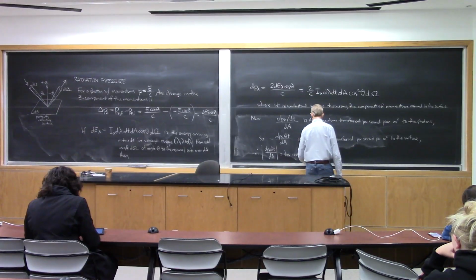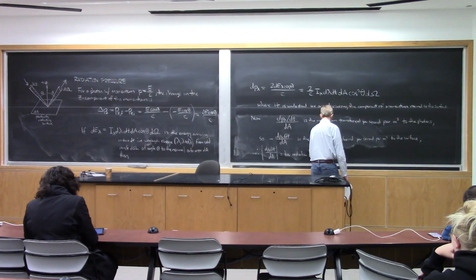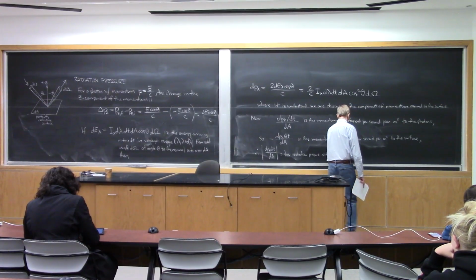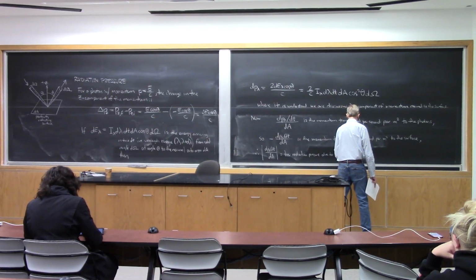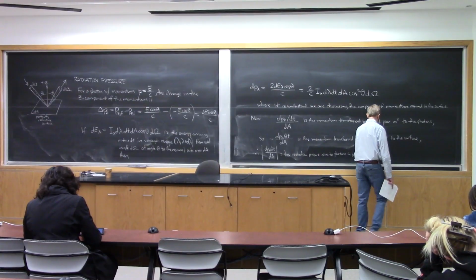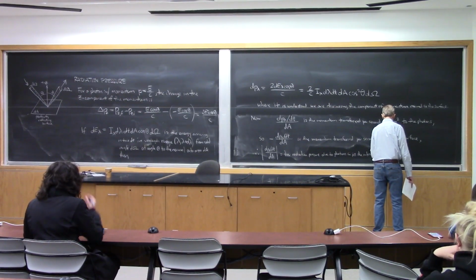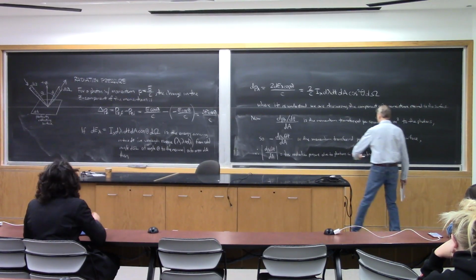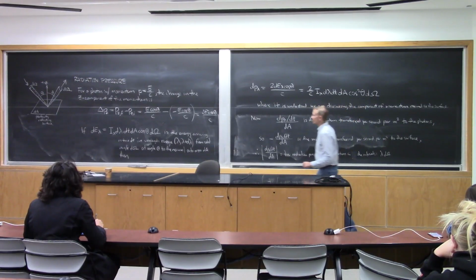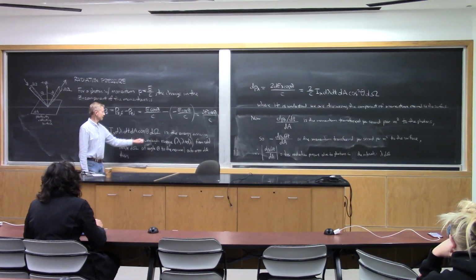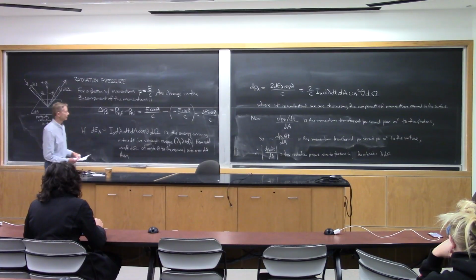In other words, the radiation pressure due to photons in that wavelength range, within d lambda and from d omega. This is only for photons in wavelength range d lambda and coming in from solid angle d omega.